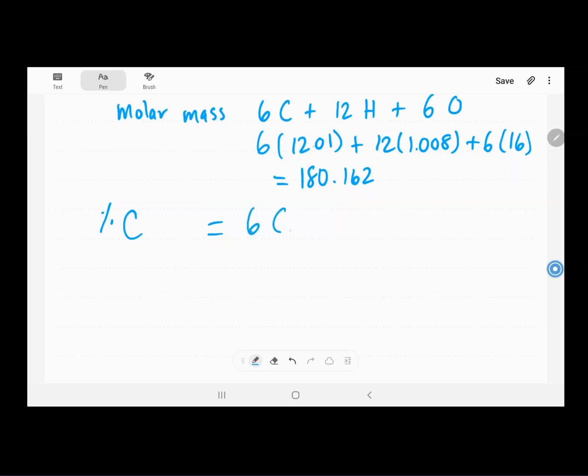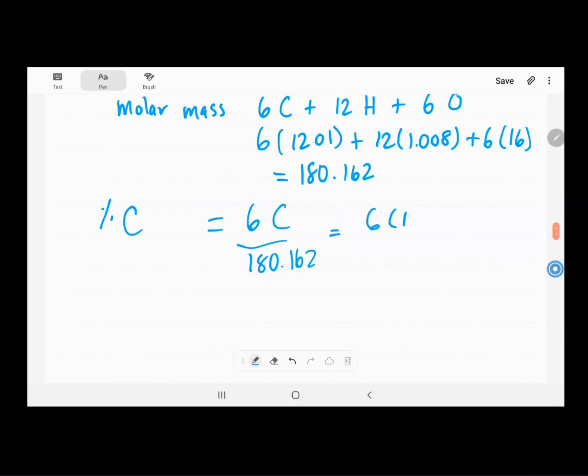So we're going to want to do 6 times carbon over 180.162. We use 6 carbons because there are 6 carbons overall in this compound. So we're going to do 6 times 12.01 over 180.162, which is apparently 40%.